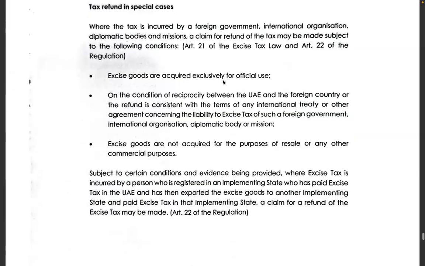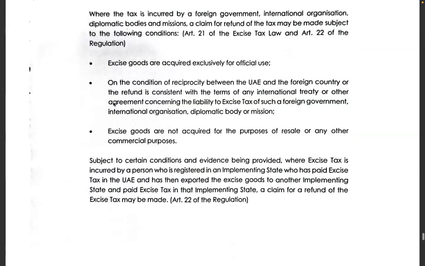They acquired excise goods for official use on the condition of reciprocity between the UAE and the foreign entity, or the refund is consistent with the terms of any international treaty or other agreement concerning the liability to excise tax of such a foreign government, international organization, or diplomatic body or mission.